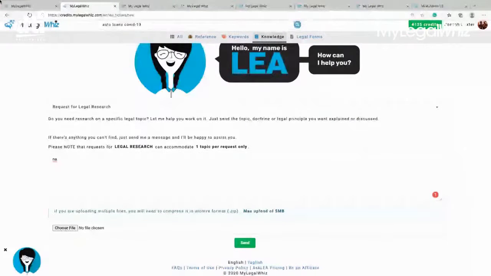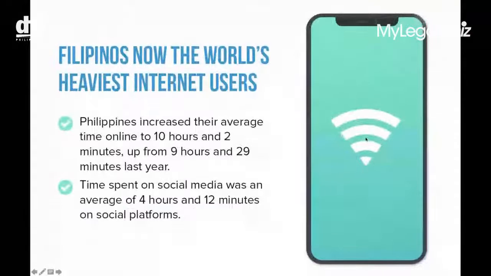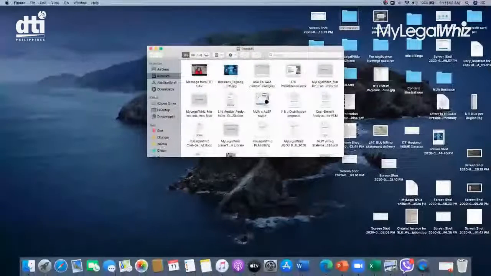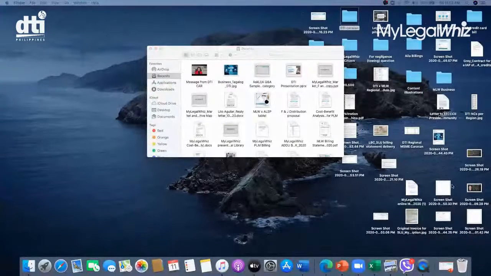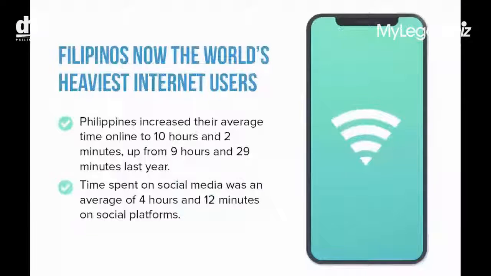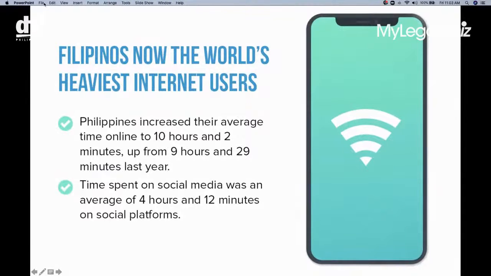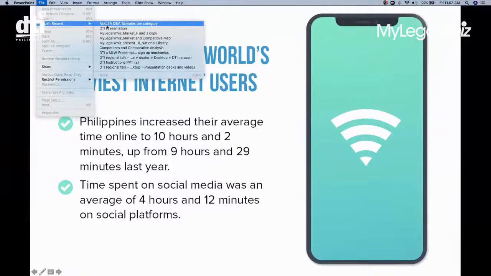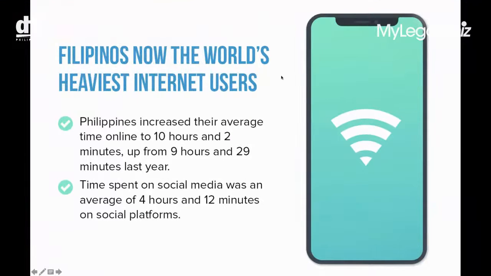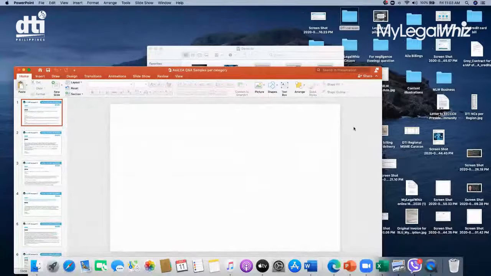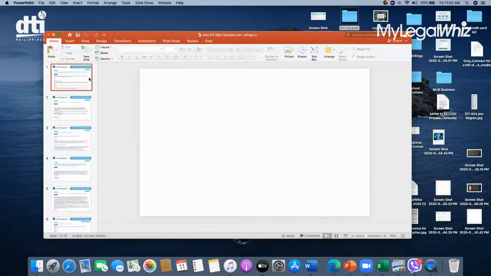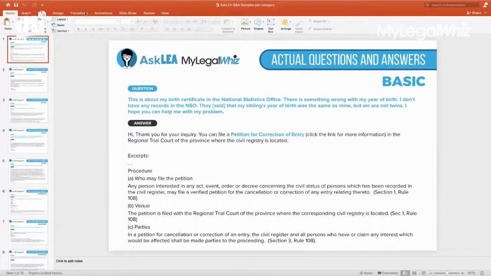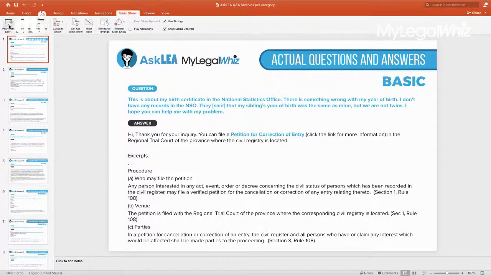Just to give an example, no, about the question. Let's check on this one first. This one. So these are the sample questions asked Leia. So some are basic, some are complicated.